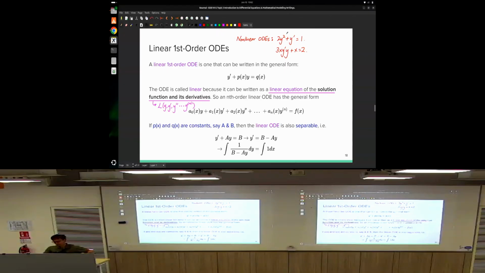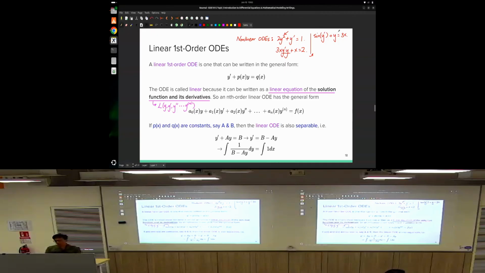So the non-linearity in the first example is the square, and here it is y prime times y. And you can have infinitely many more. I give you another non-linear function, sine of y prime. Sine of y prime is a non-linear function of y prime, so obviously it's non-linear already. So sine y prime plus y equals 3x. This is also non-linear.